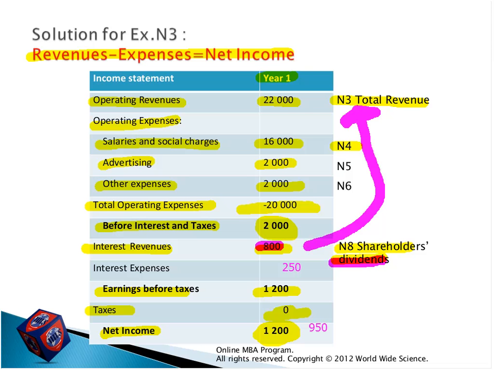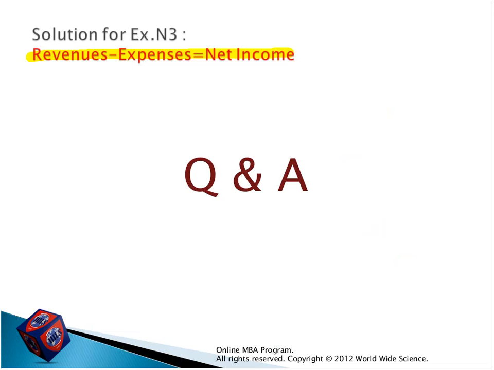So we put the 250 here, and when we deduct it from our earnings before taxes, we will get the net income equal to 950 only. So the amount will be lesser than we had before. So this is all about the income statement.